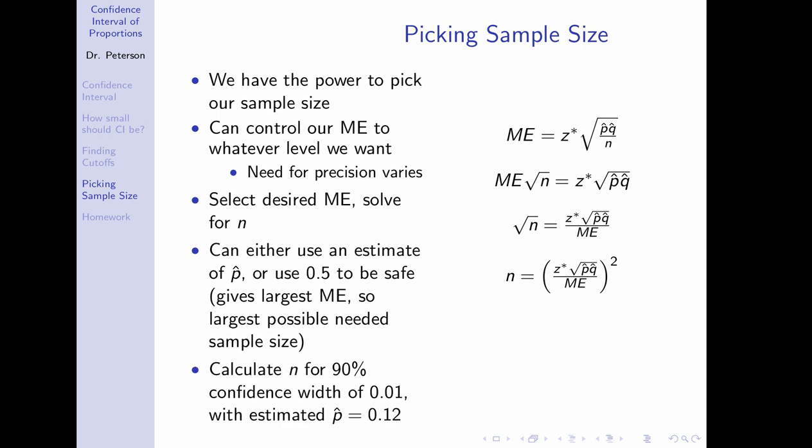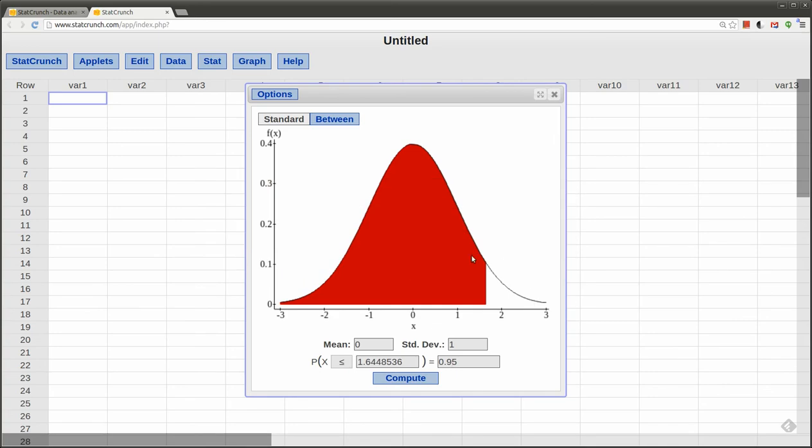So if we want to calculate a 90% confidence interval with a width of 0.01, so margin of error of 0.01, with an estimated p hat of 0.12, we simply plug those values in here. So our z star is going to come from the normal calculator. This is what we did in the last exercise. Remember, if we mark that last 5%, we can find this z critical value.